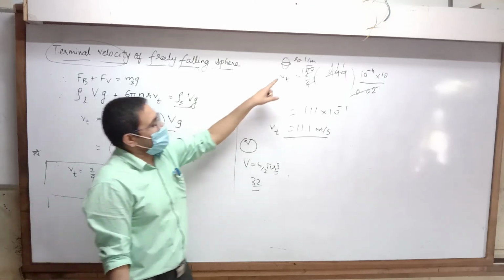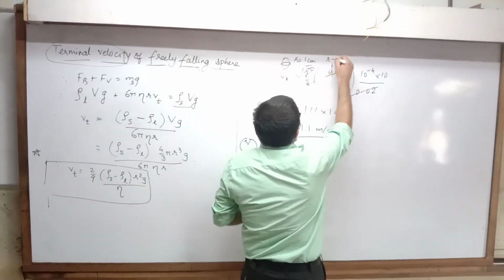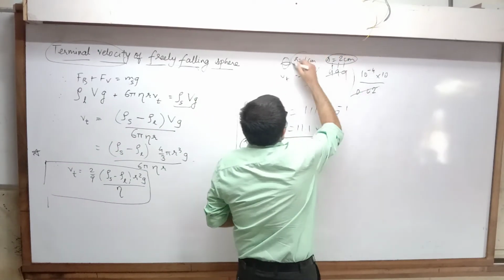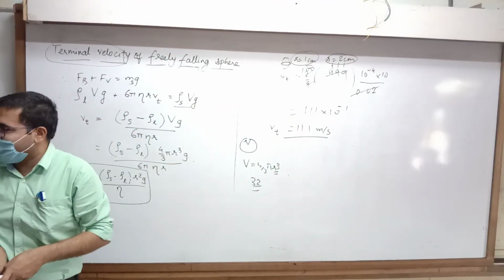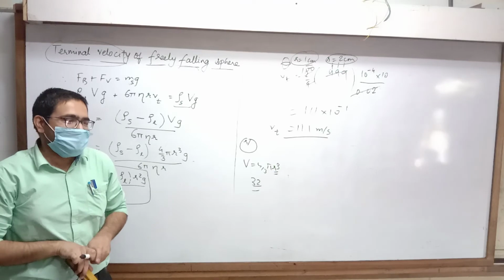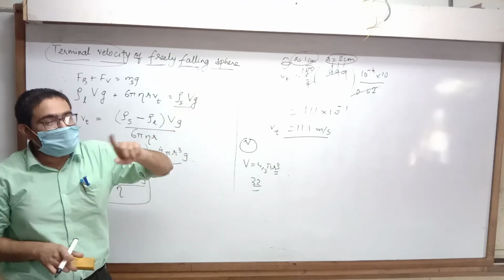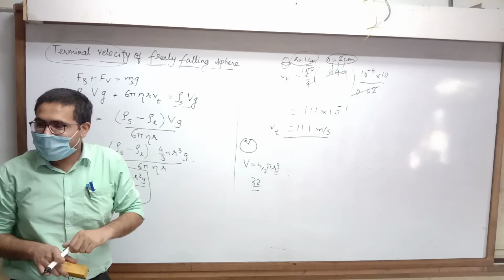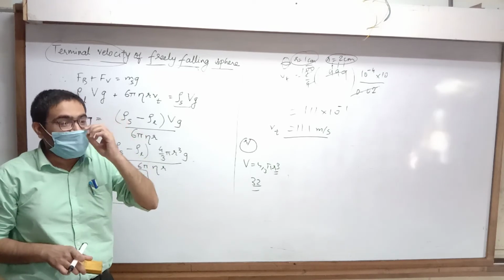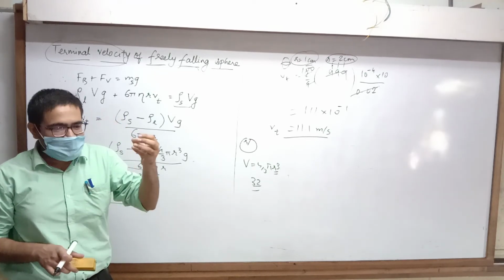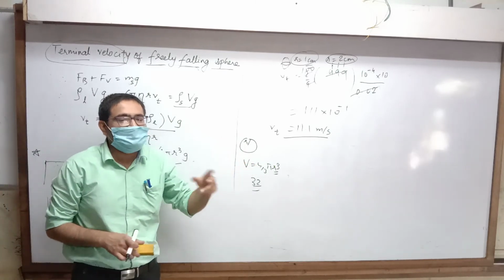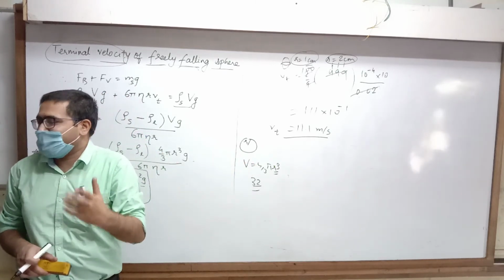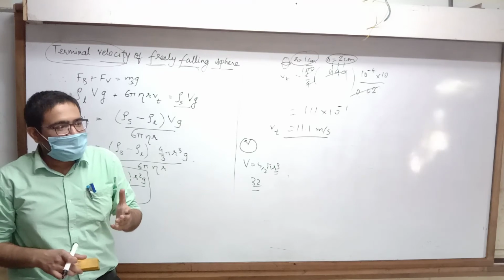If you compare two different raindrops, one with radius 1 centimeter and the other with radius 2 centimeter, so double the radius, 32 times the momentum. It will hit you 32 times harder, because it comes with 4 times the speed and 8 times the mass. Understood?